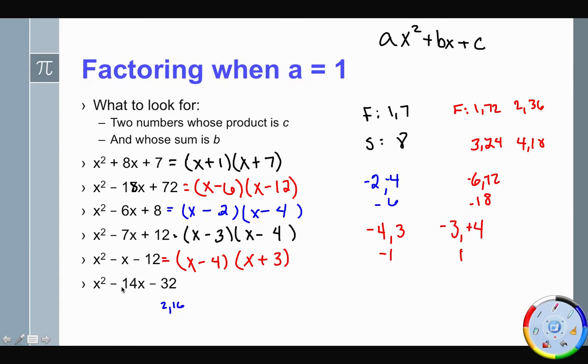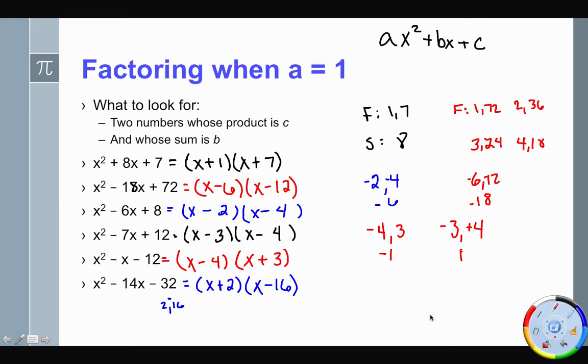I need a negative product, so one of these has to be negative, and a negative 14 as a sum, which means I need more negatives, so I need a negative 16. So my factoring is going to be x plus 2 and x minus 16.